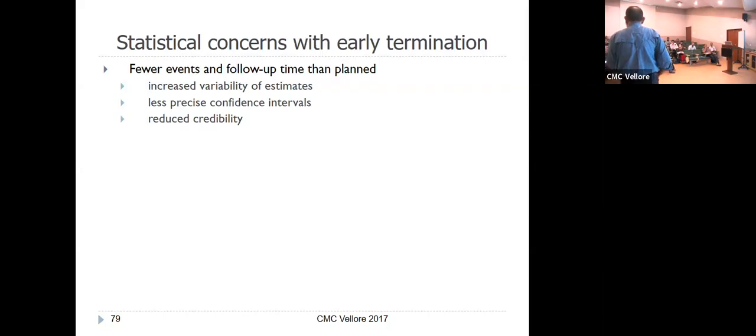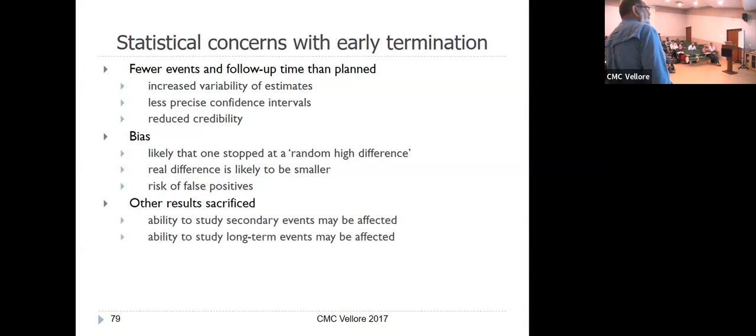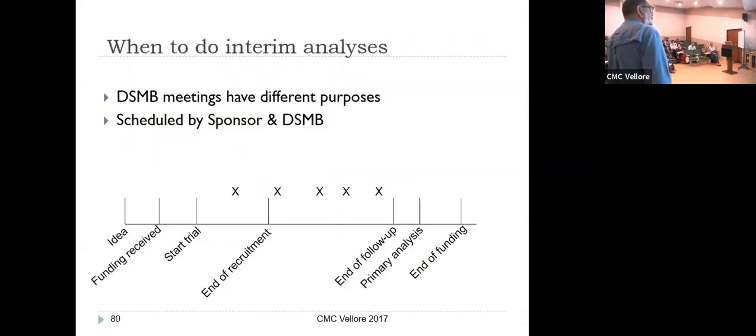So once the study is stopped, it's never restarted. So we don't want to stop at a random high difference, and we don't want to have false positives. And we don't study secondary events or long-term events because we had planned to have enough of those in 2 years or in 3 years, but we won't have them anymore.